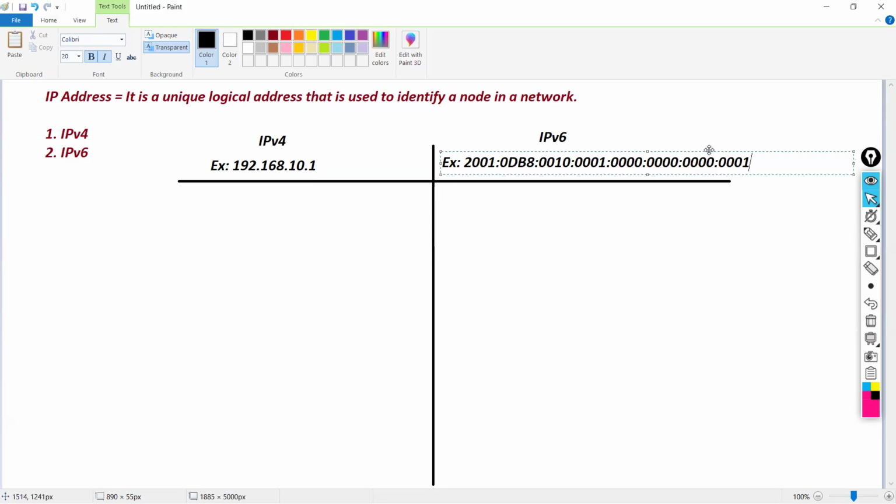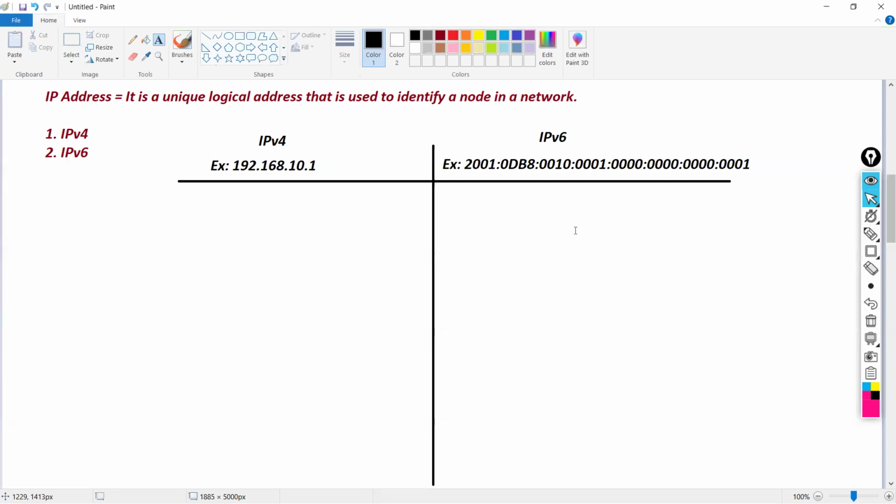Now, it looks very dangerous, right? When you look at IPv6, it looks very complicated, but it is not at all complicated. When you study IPv6, you will come to know that it is easier than v4. You don't have subnetting tensions in this. No need to do subnetting, no need to calculate any subnet mask. Compared to v4, this is actually very simple.